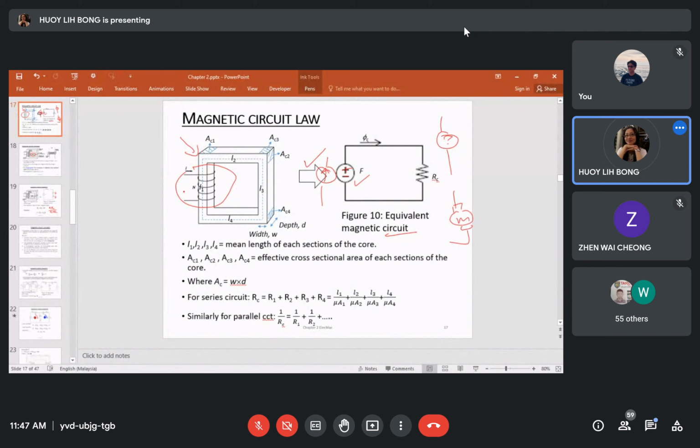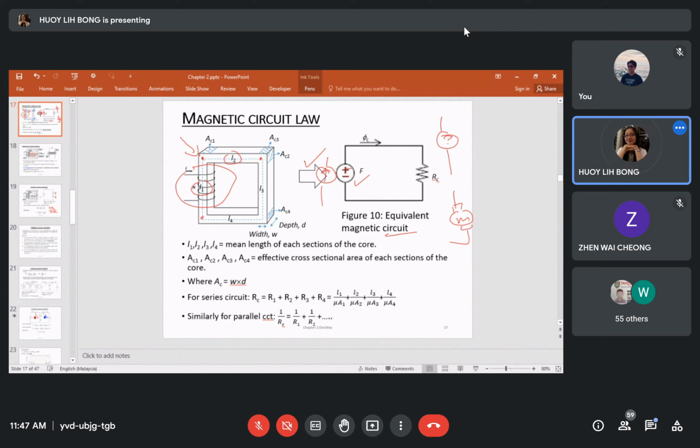We measure the length from the middle of the core here to the middle of the core here. This is the length for this core structure, the upper side. For the left side also, we take from the middle here to here.